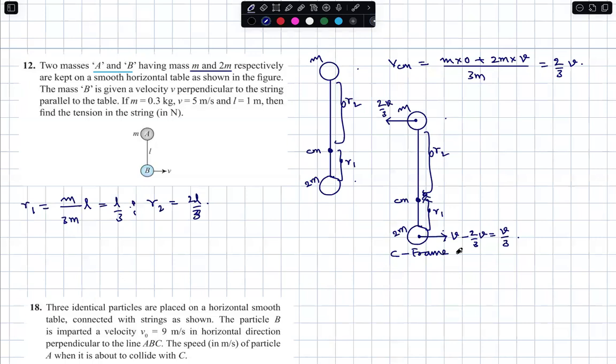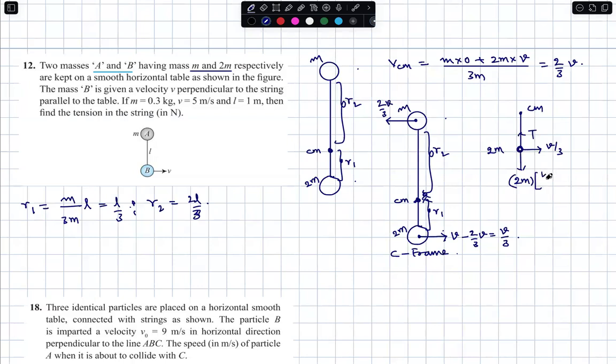Right. What do you want? Tension in the string. You are in the center of mass frame, so with respect to you, the entire system is rotating. So with respect to the center of mass, this 2m mass is having a velocity v by 3. Now there is some tension T here and a pseudo force also.